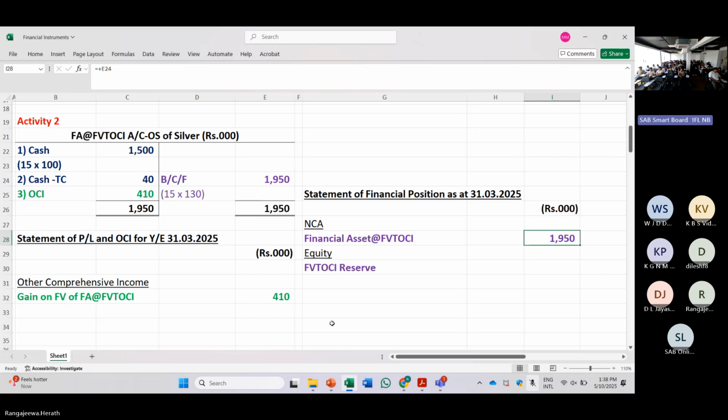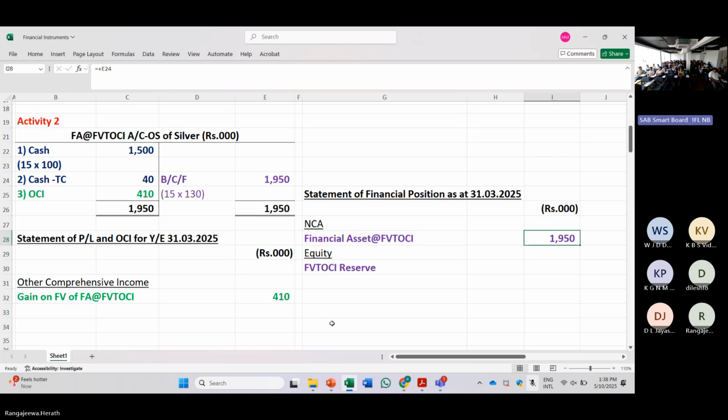Likewise, when you have an other comprehensive income item, that is accumulated in a separate reserve, right? So here we have other comprehensive income, gain on fair value of financial asset, 410. Now this should be accumulated in a separate reserve. That reserve is named fair value through OCI reserve. It's like taking the revaluation surplus and putting it in a separate revaluation reserve.